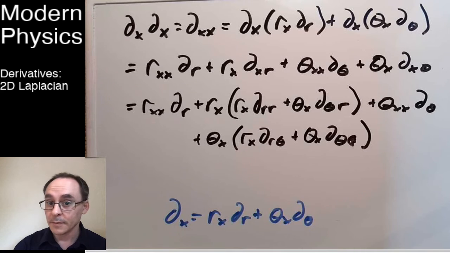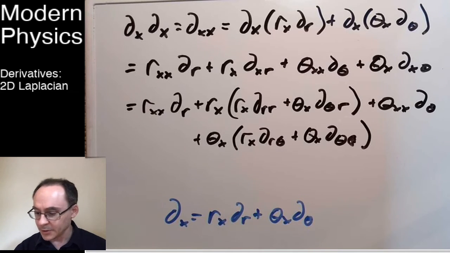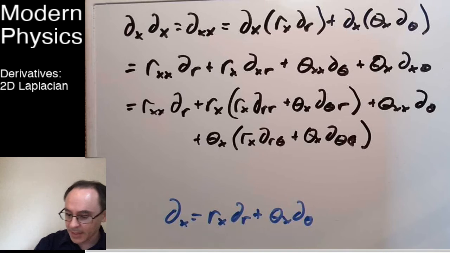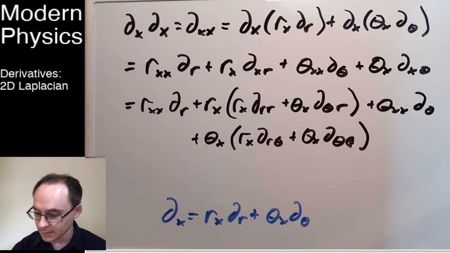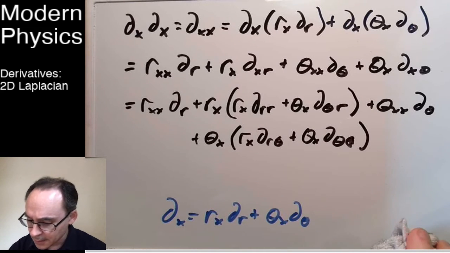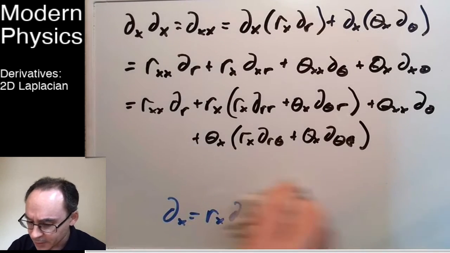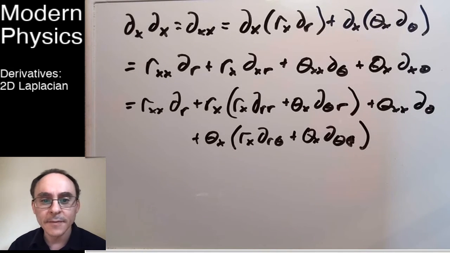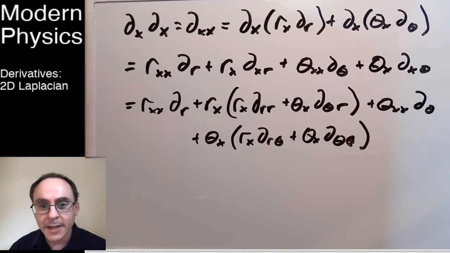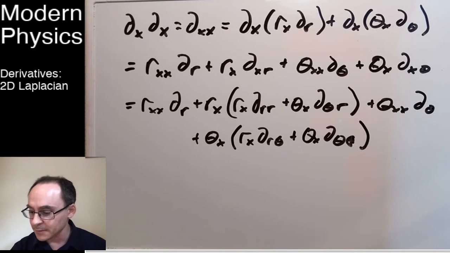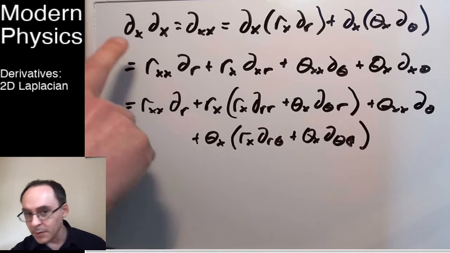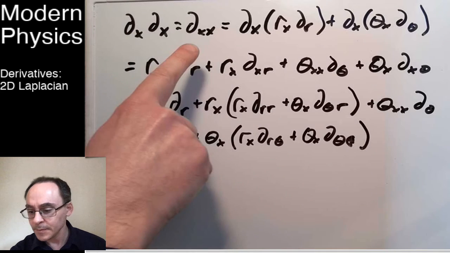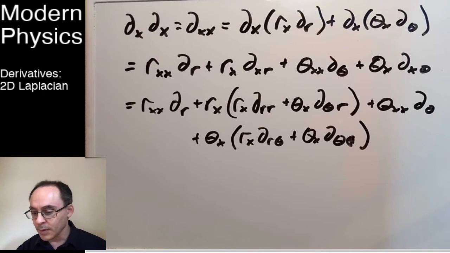So this looks like quite a bit, but we're almost there actually, because we've left this very abstract. This is going to make it easier for us to get to the end. Because I haven't yet said what r is as a function of x and y. I haven't put in what theta is as a function of x and y. I've left it completely generic. So that means if I wanted to do the same thing with the partial y term, remember that's what I ultimately want.